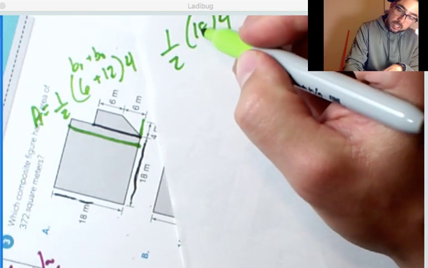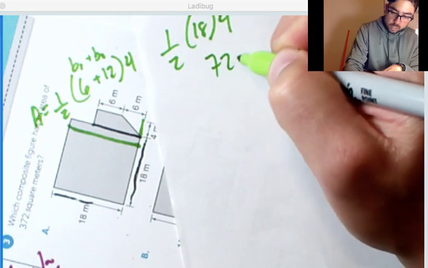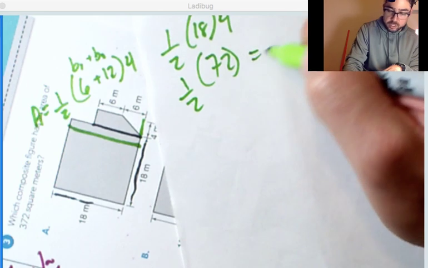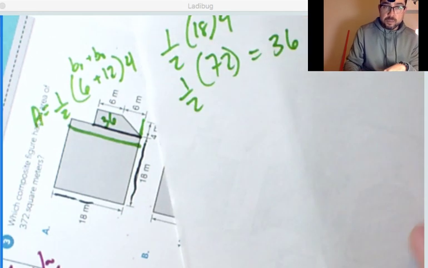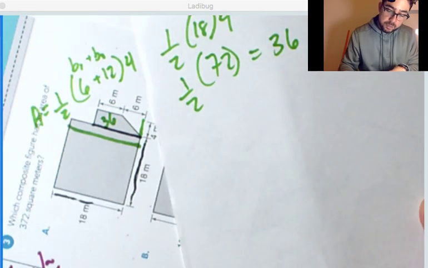Well, 18 times 4 would be 72, times 1/2. 1/2 times 72 equals 36. So I know that the area for that little trapezoid would be 36. I'm not going to finish the rest of that one. I just wanted you to see how to find the area of the trapezoid there.